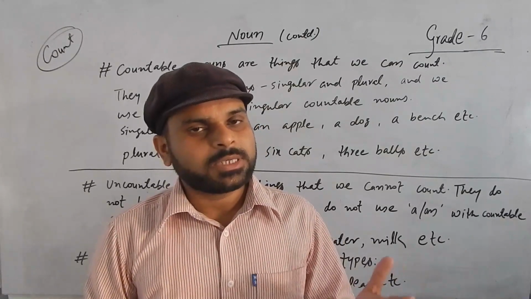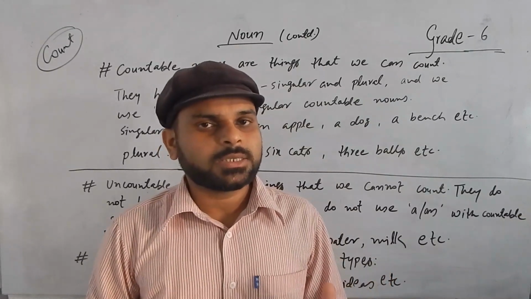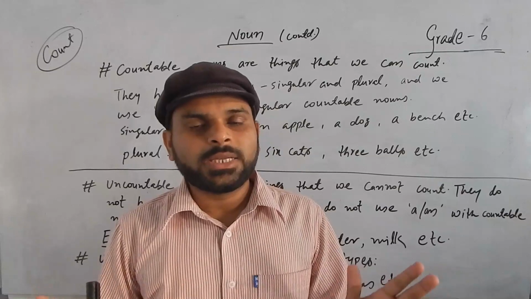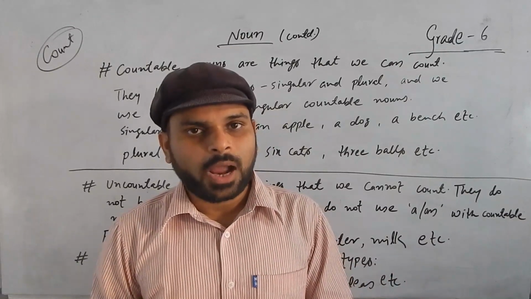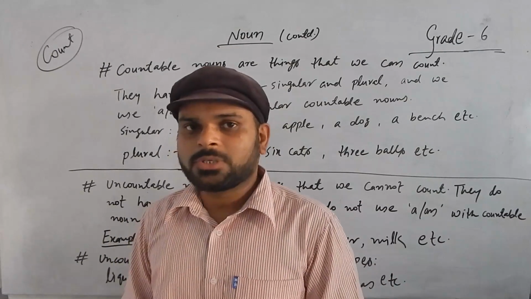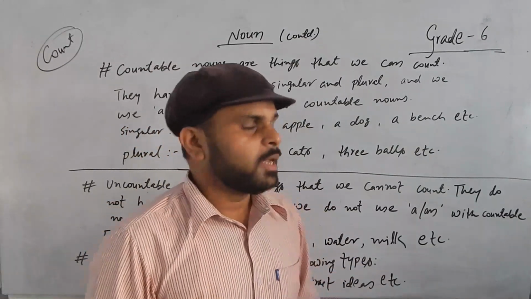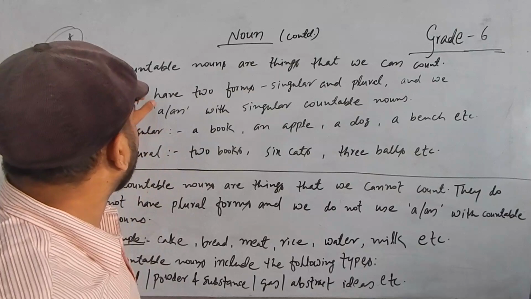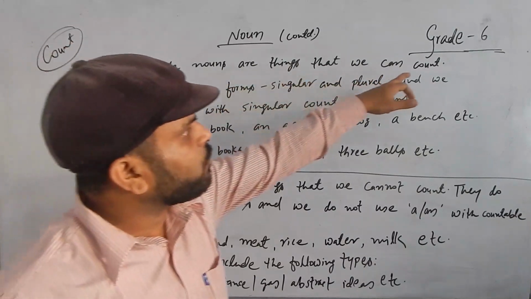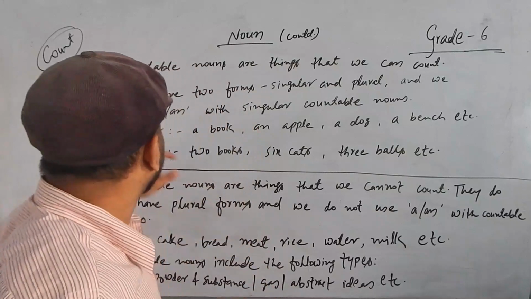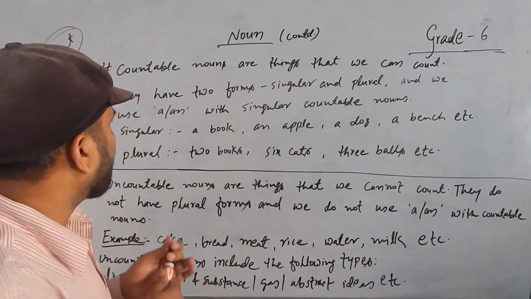Now, see some variations upon countable and uncountable, and some of the basic things inside it. See the definition. Countable nouns are the things that we can count. I already told you. They have 2 forms.